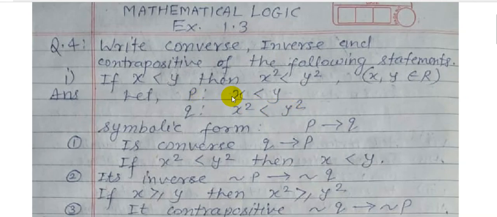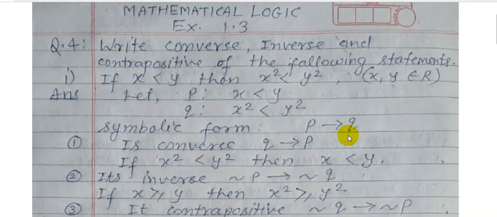So if P is x is less than y and Q is x square is less than y square, then what is the symbolic form of the given statement? For if then, we use a single arrow. So symbolic form will be P conditional Q.